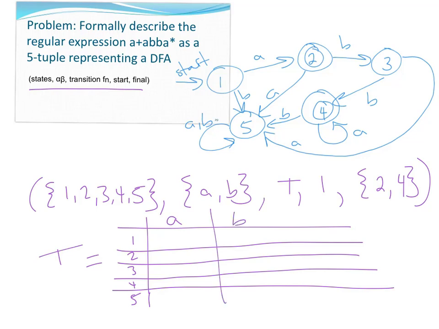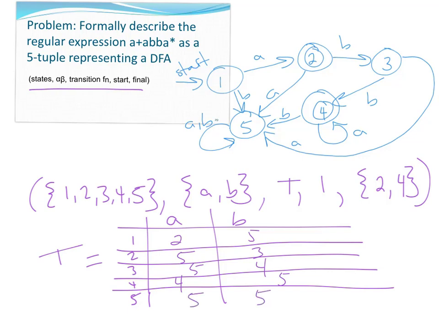So if we are at 1 and we see an A, we go to 2. And if we are at 1 and we see B, we go to 5. 2A is 5, 2B is 3. 3A is 5, 3B is 4. 4A is 4. 4B is 5, and 5A and B go to 5.